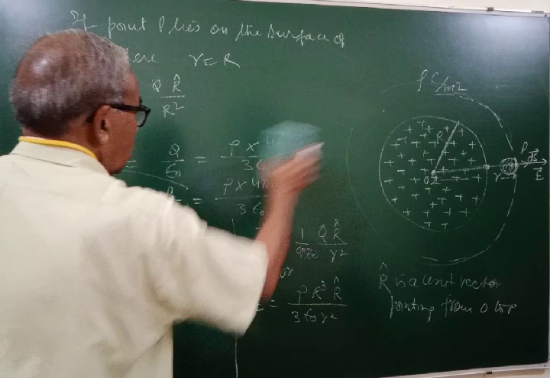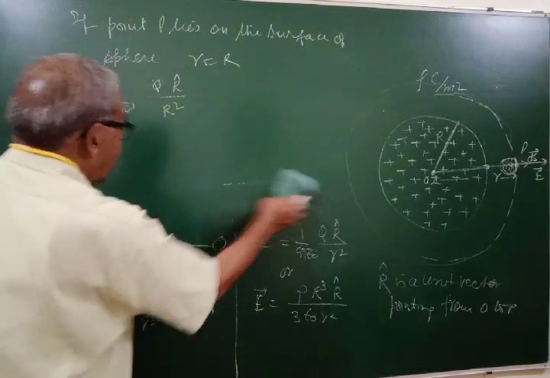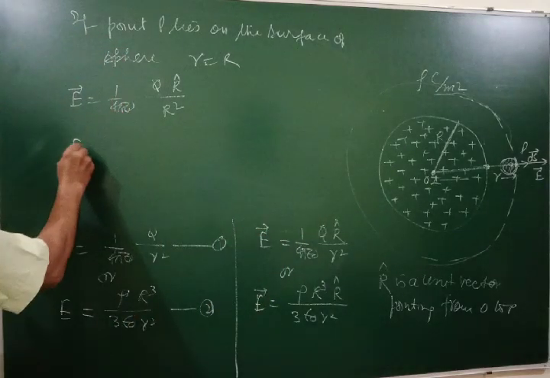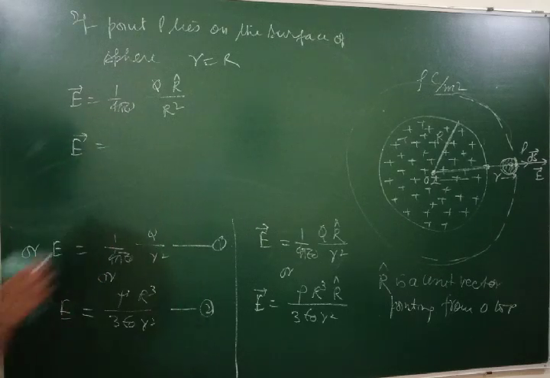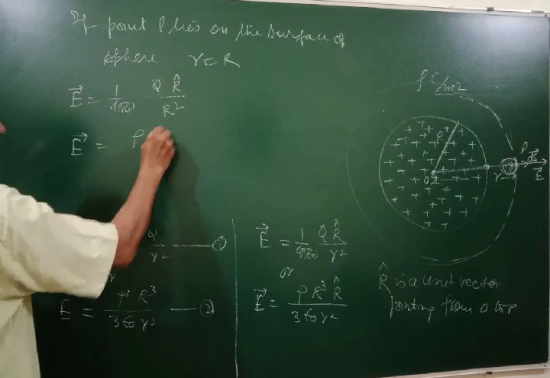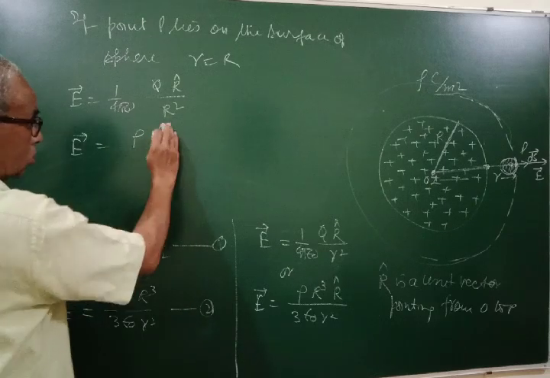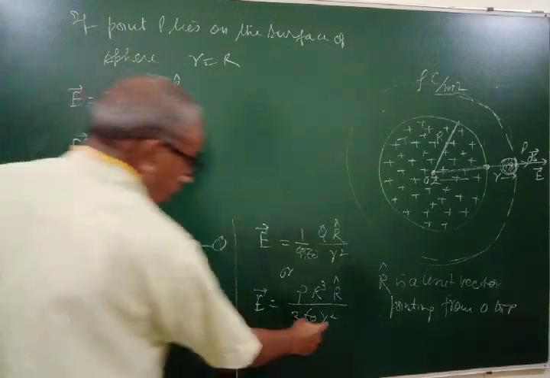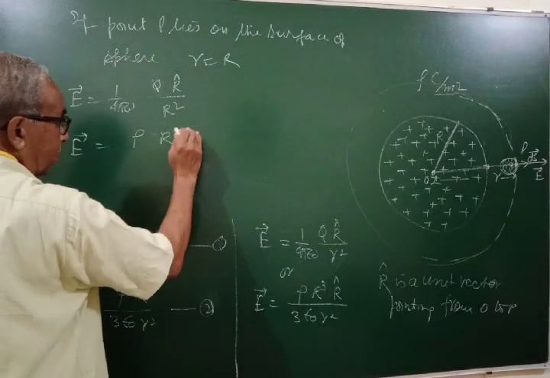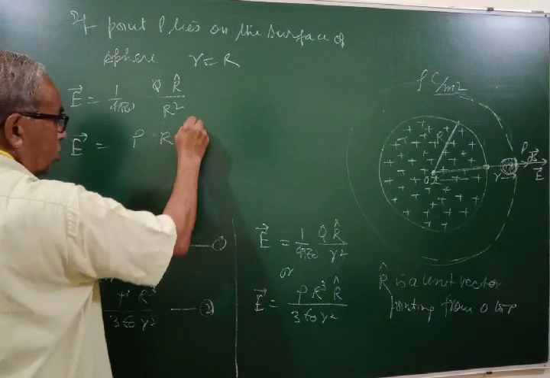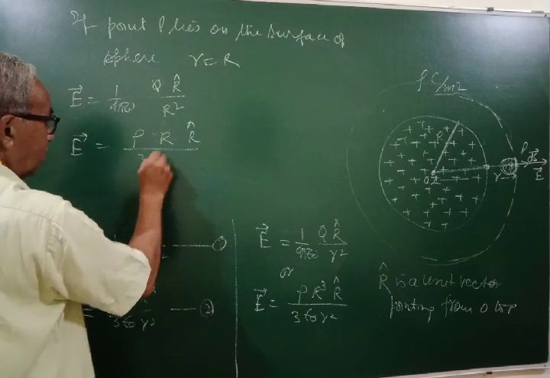Or you can write equation 3 as E equal to, in terms of rho, rho into R cube, R square, here only R is left, and r cap upon 3 epsilon 0.